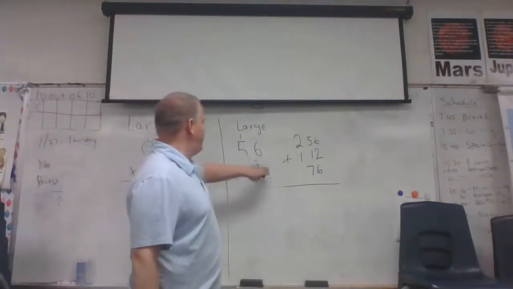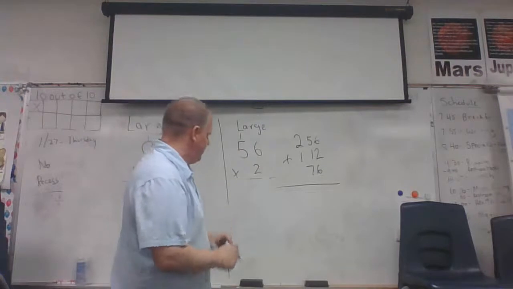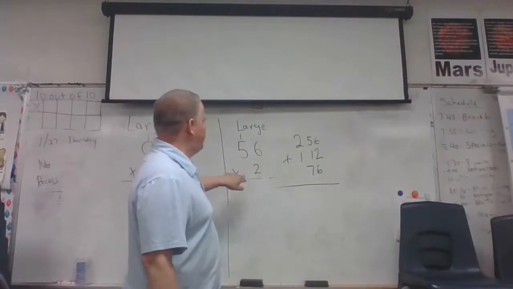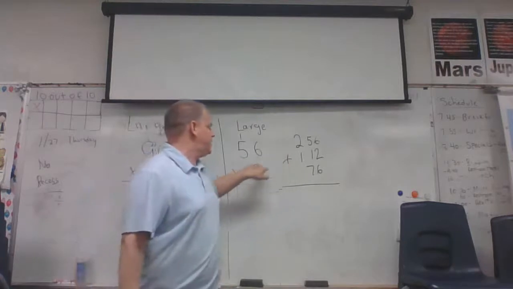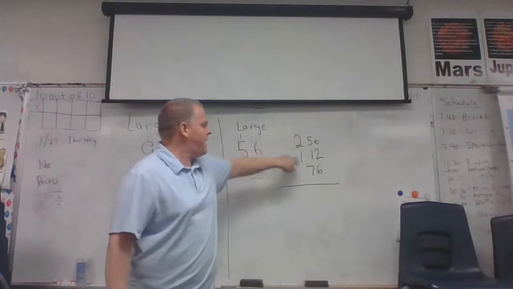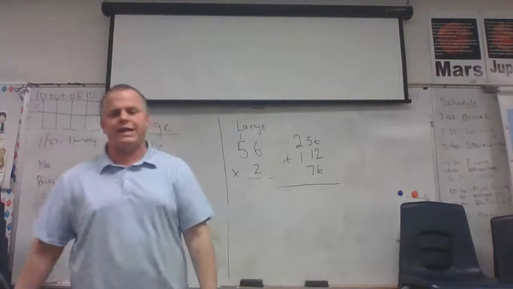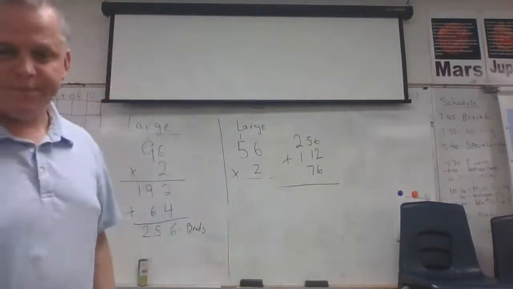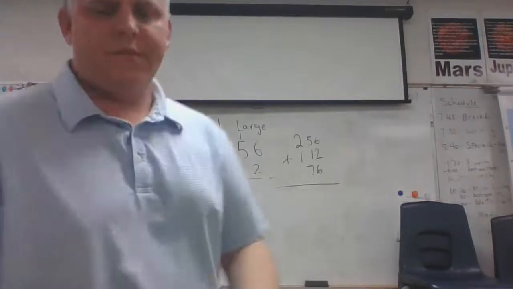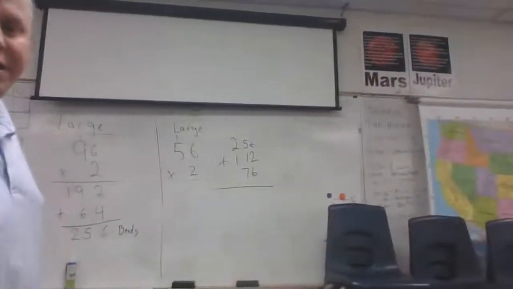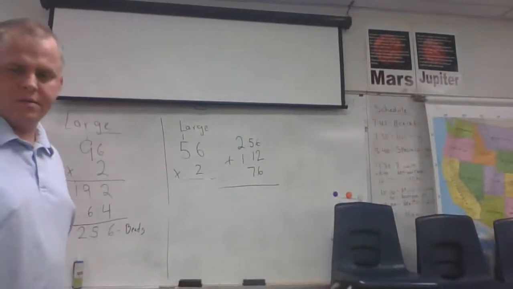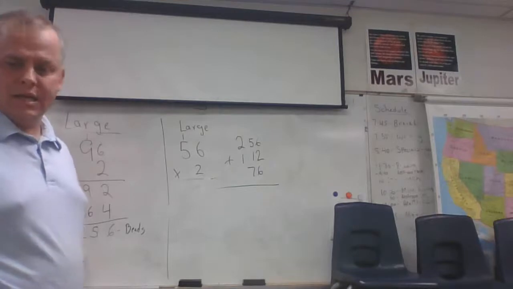Here we found that we had large buttons of 112, and we had 76 other buttons, 112 buttons and 76 buttons. I'm going to add these 3 numbers together to get my answer. Go ahead and add that, and that's going to be your total number of beads and buttons.